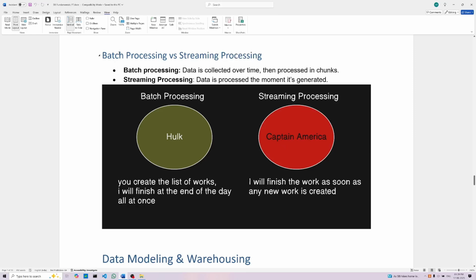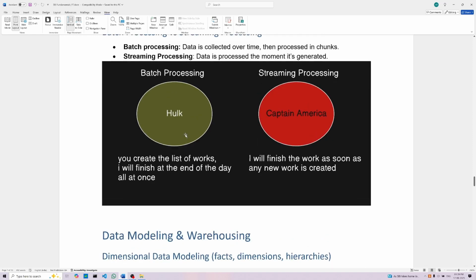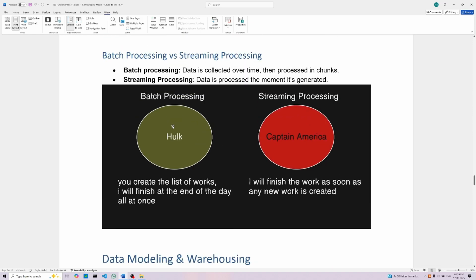Now next is, what are the two types of data processing? These are batch processing and streaming processing. So what exactly is batch and streaming? You can use this diagram and just remember these two characters. For batch processing you can remember Hulk. Hulk is very lazy, he doesn't like to finish his work on time.